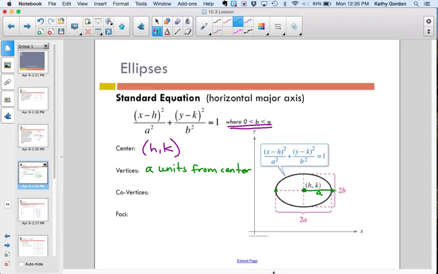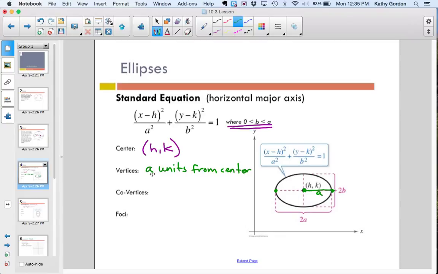So if I have a center point at h, k, and I'm trying to come up with the ordered pair for that point right there, which coordinate has to change, the x or the y? The x. Y is going to stay the same, x is what's going to be different.